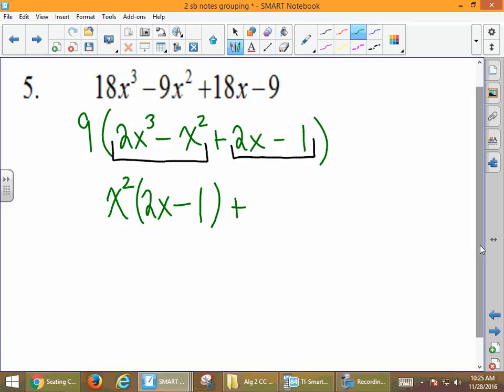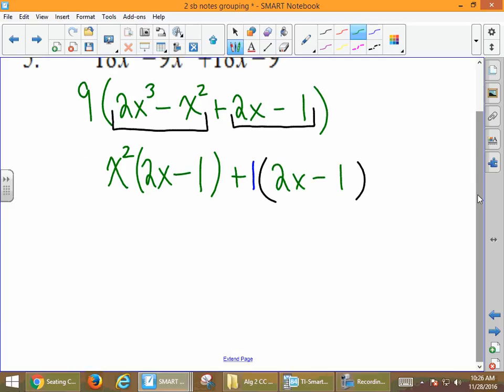So over here in our next group, we don't have a GCF, but we do want to write it as a group. And when we write it as a group, what's the number in front of the parentheses, also known as a coefficient? Well, it happens to be a 1.